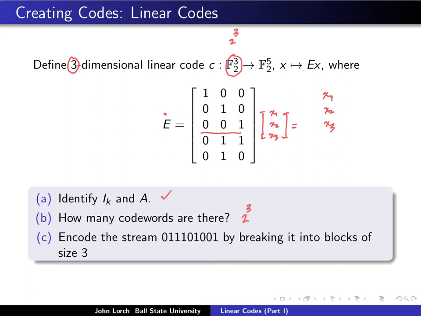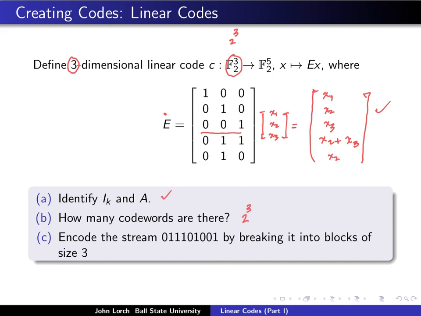And then down below, we're going to wind up with x2 plus x3 and x2. So if you were to pick a specific string x1, x2, x3, it would give rise to this specific code word, which is a string of length 5. And there are 2 cubed of them.